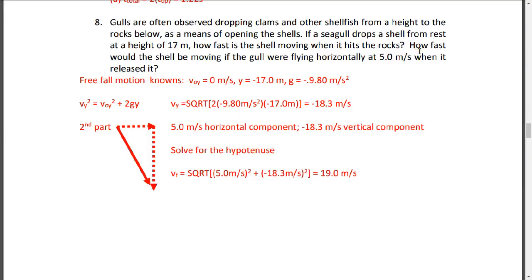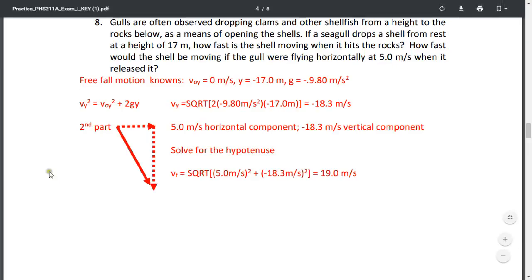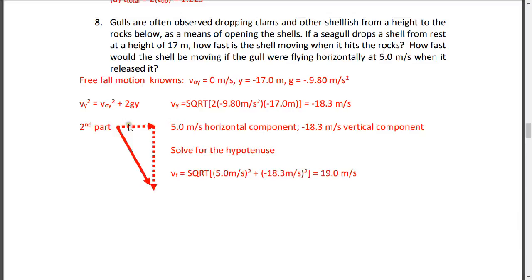The second part of the question was, if the gull was flying horizontally at 5 meters per second, that would be this vector, 5 meters per second in the positive x-axis, negative 18.3 in the negative y-axis, and I'm solving for the hypotenuse. A squared plus b squared equals c squared.